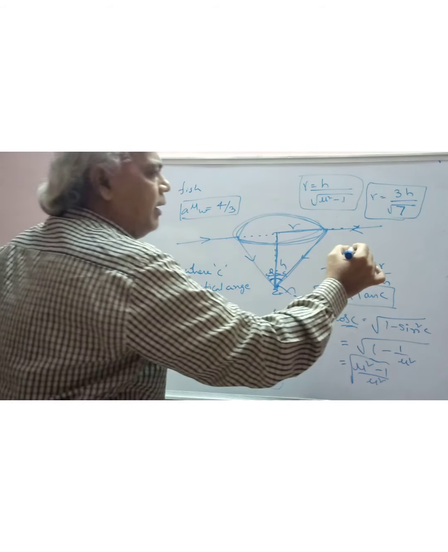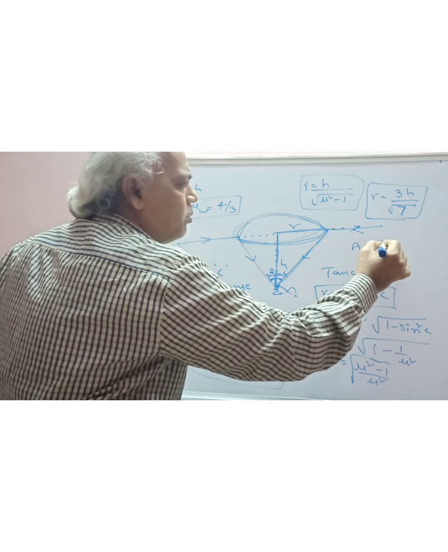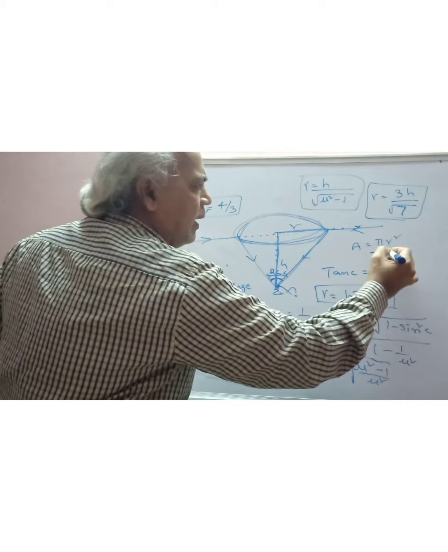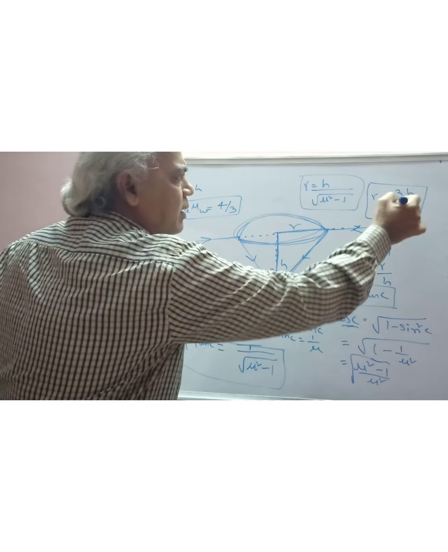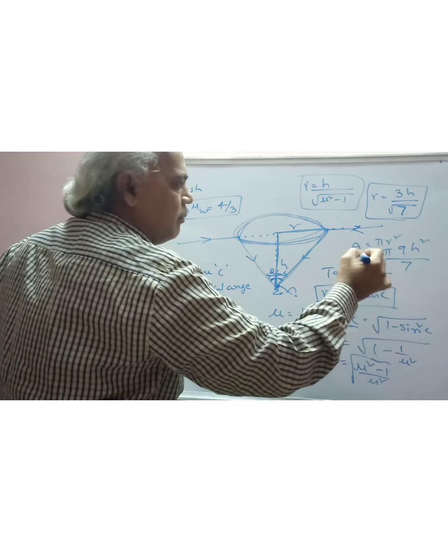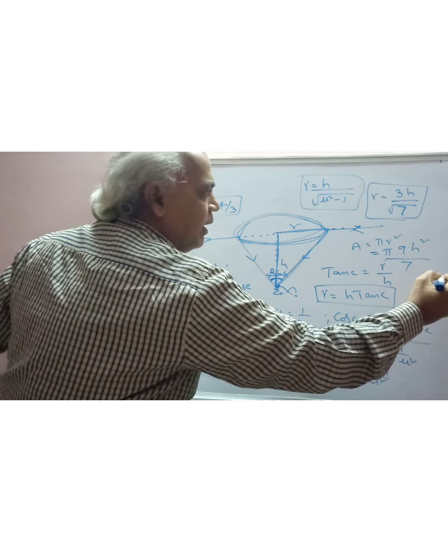So what is the area? Area is equal to pi r square. R square is nothing but 9h square by 7. This is the area of the circle.